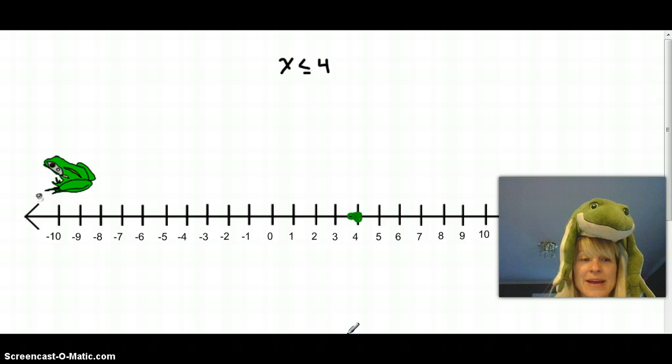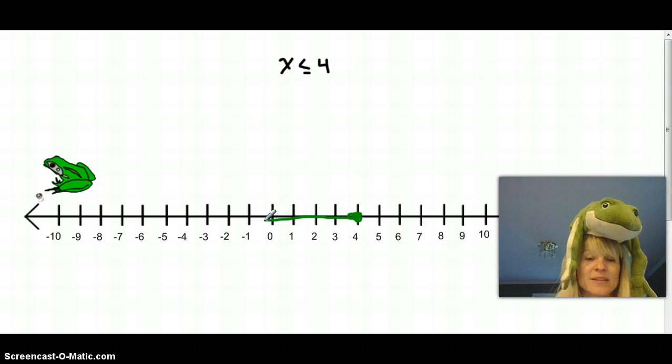He's going to just keep on hopping. So we want to draw our line that shows all the numbers that can be possible for x. So when I do this, that means 4 and all the numbers below it, I can plug in here and it'll work. Okay? It will be a true statement.